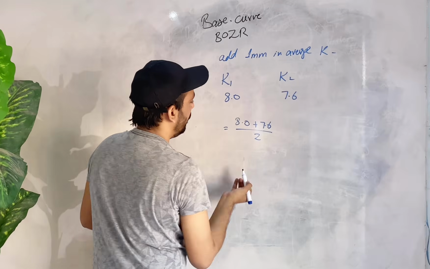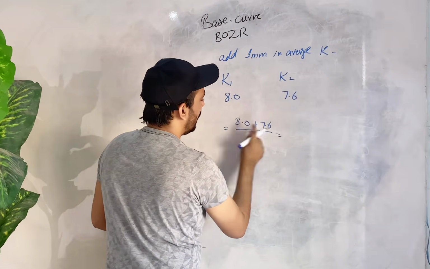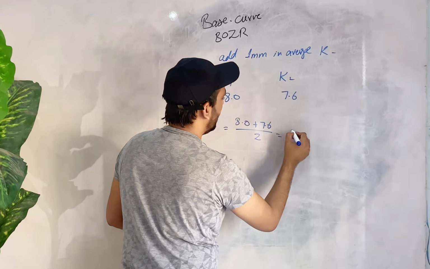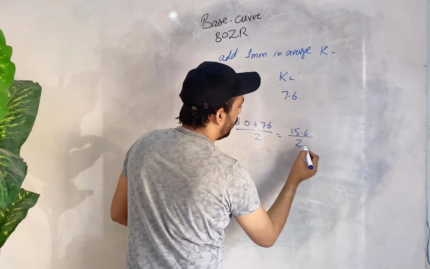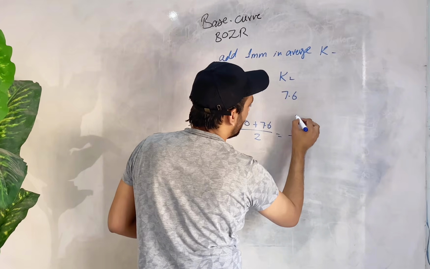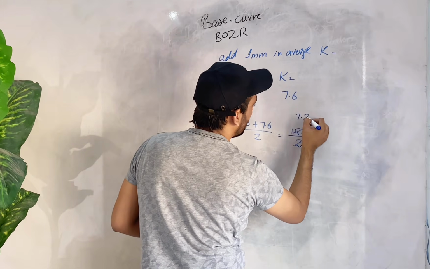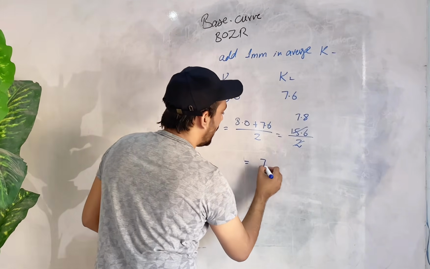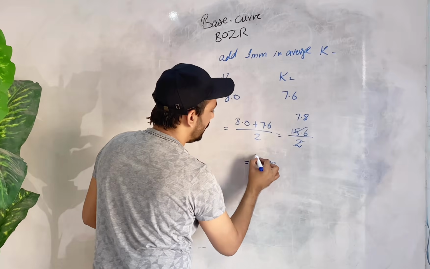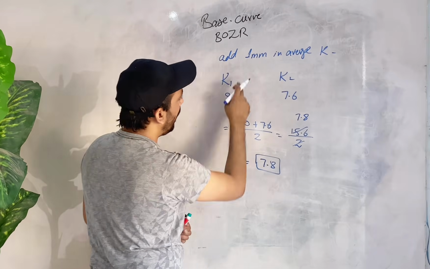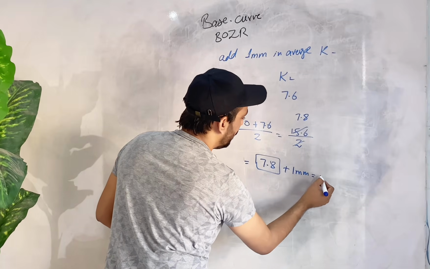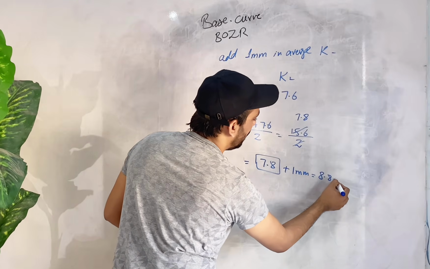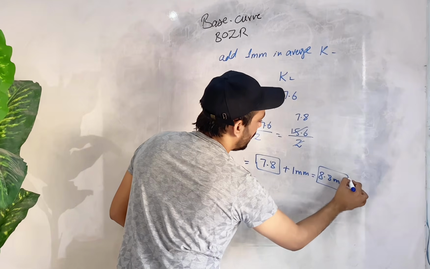That is 15.6, I think, over 2, and it will be 7.8. So 7.8 is the average K reading. We add 1 millimeter to the average K reading, and it will be an 8.8 millimeter base curve or BOZR.